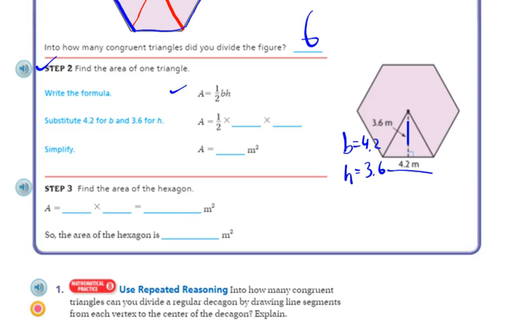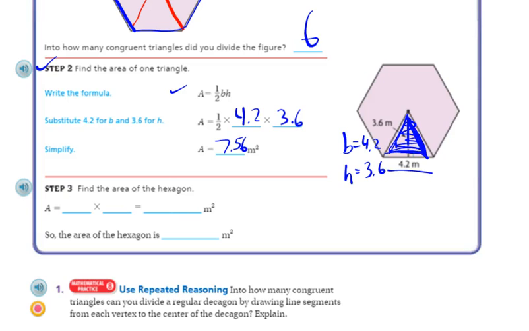So I'm going to replace the B with the 4.2, and I'm going to replace the H with 3.6. If you take these values and multiply them out, you remember you have your calculator available, you would get an answer of 7.56. And that is the area of this region here.